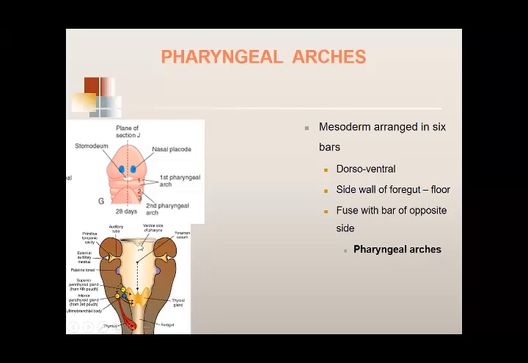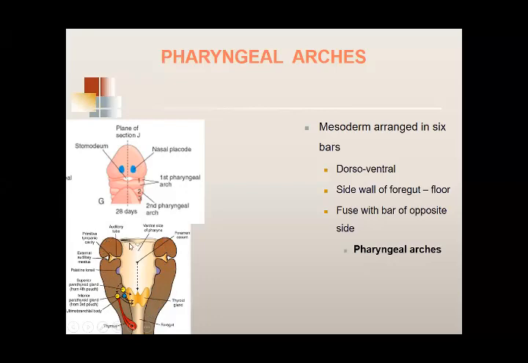So this is all endoderm. Outside the endoderm is mesoderm, mesenchyme. So this entire tube all around is surrounded by mesenchyme, and still outside you have ectoderm.